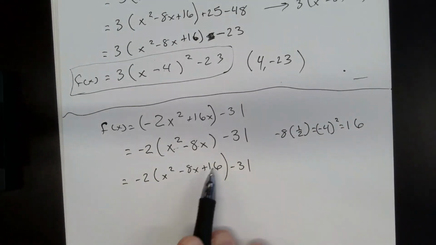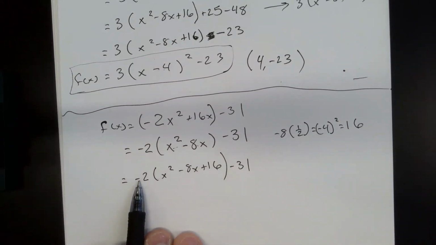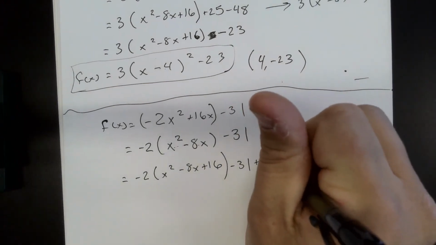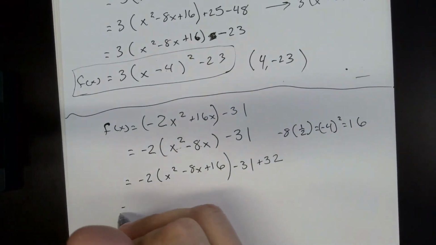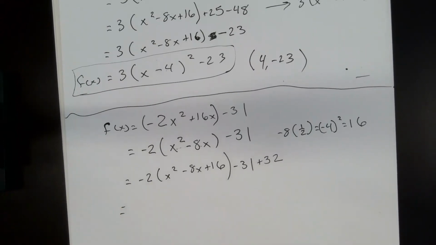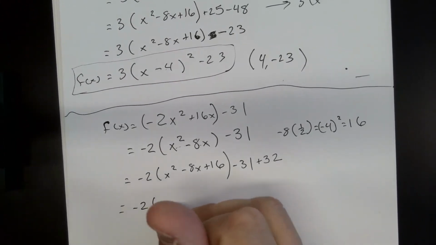And then we're going to go 16 times a, which is -32. So what are we going to put on the end? Yeah, so plus 32. 16 times -2 is a -32, and then you put it on the end with the sign change. So now we're to here.